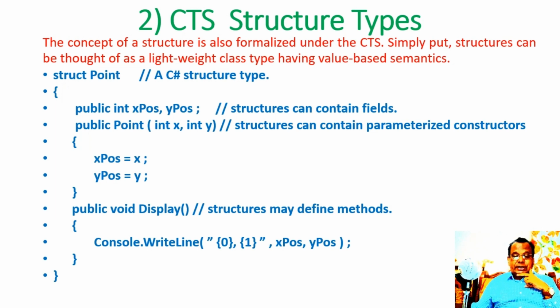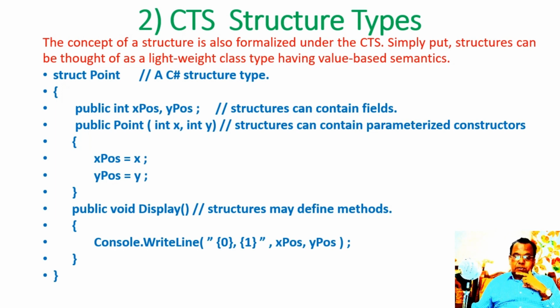Next, we are considering another method: public void Display. Display is a method. Structures may define methods; they can have even methods. Open the brace. Then Console.WriteLine, within double quotes, 0 within braces, comma, 1 within braces, then xPos, yPos, close the bracket, then semicolon.